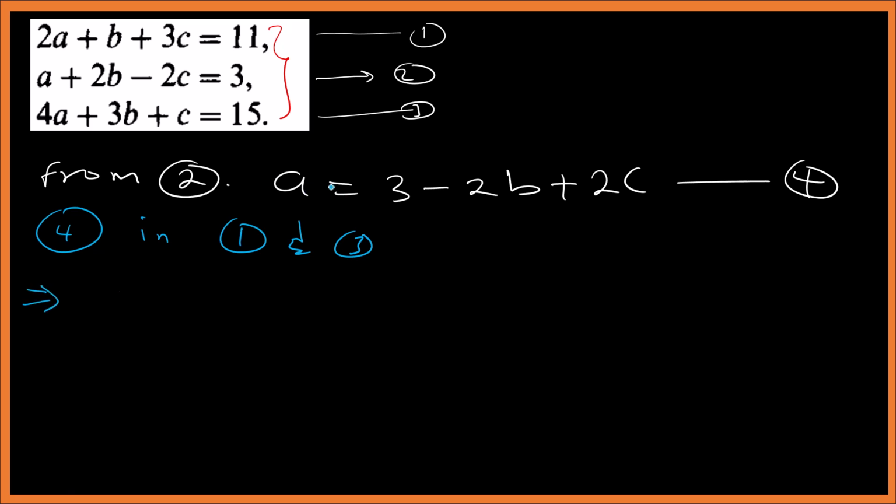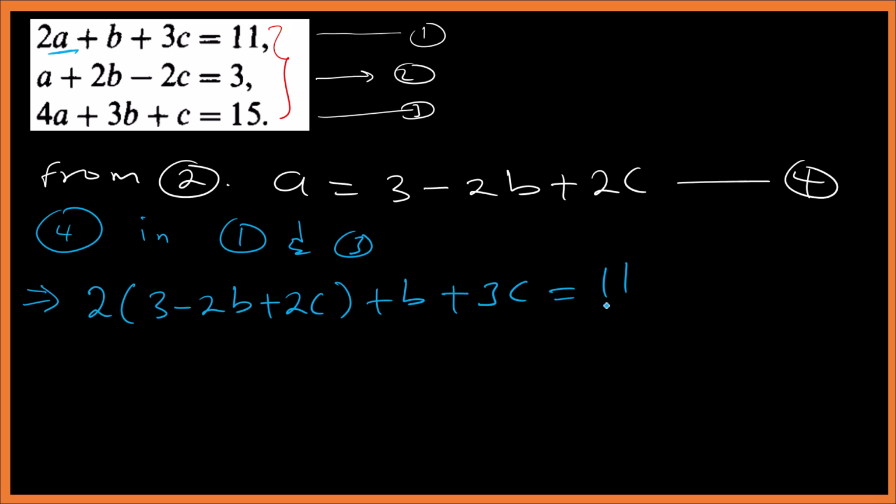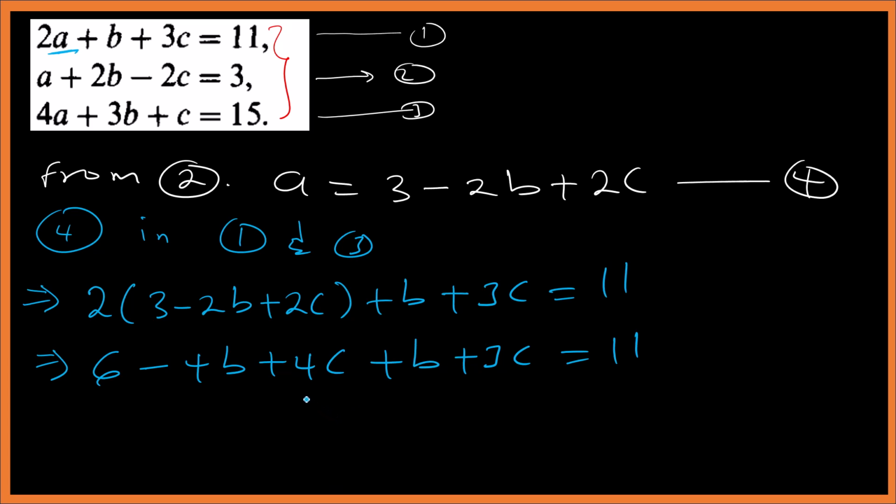We have a here. So 2 times 3 minus 2b plus 2c, plus b plus 3c equals 11. Now from here we can expand the bracket: 6 minus 4b plus 4c plus b plus 3c equals 11. Now we have it in terms of b and c.